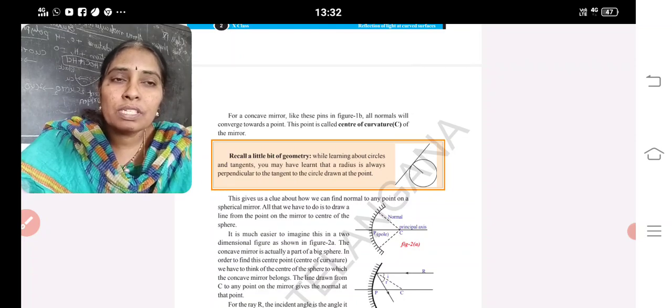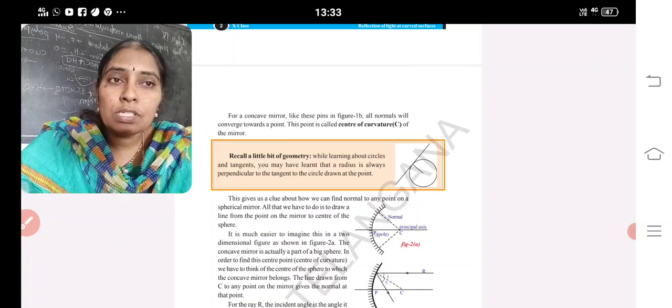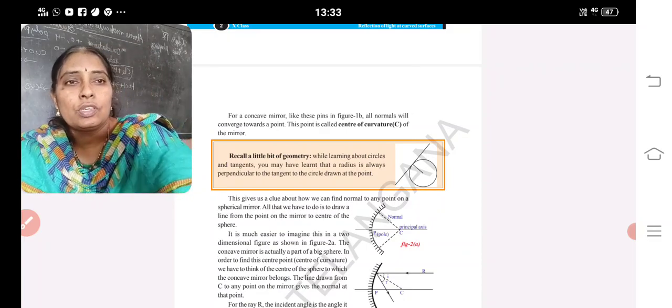The line which passes from the pole through the center of curvature is said to be the principal axis. The point where all the normals, the perpendicular lines drawn to the curved surface, converge is said to be the center of curvature.